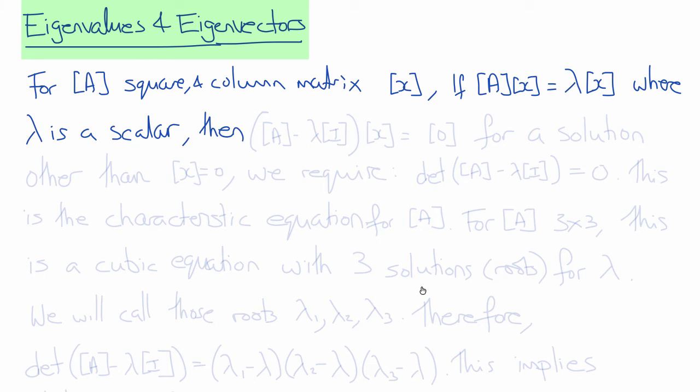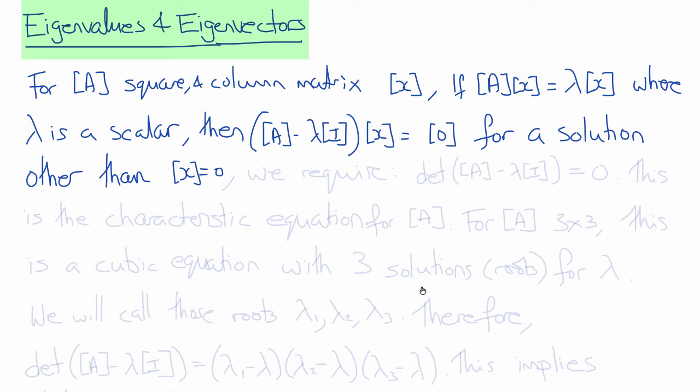This therefore implies that the new matrix (A minus lambda I) times x must equal 0. And this equation can only have a non-trivial solution if the determinant of that matrix A minus lambda I is equal to 0.